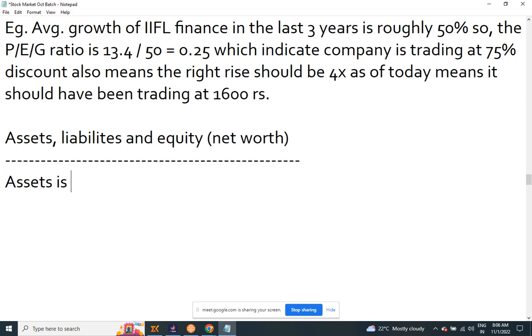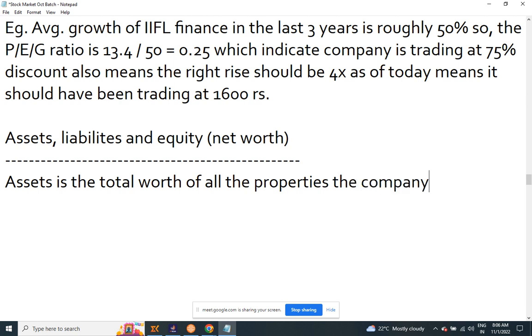Assets is the total worth of all the properties the company has. That includes even loan. Loans are also called debts or liabilities.